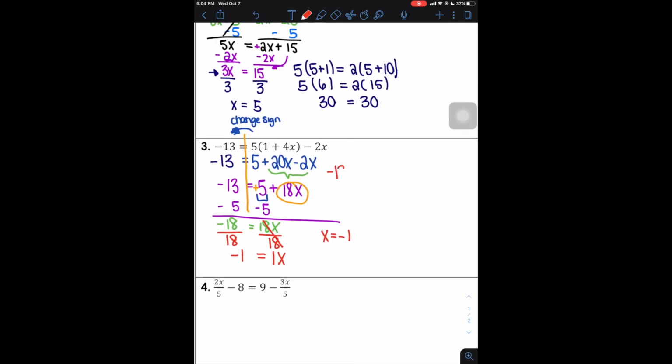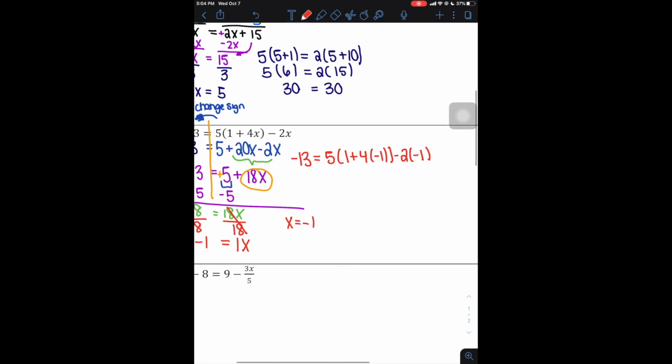So we have negative 13 is equal to 5 times 1 plus 4 times negative 1, minus 2 times negative 1. I'm going to just clean things up a little bit. Change the color so I can see.